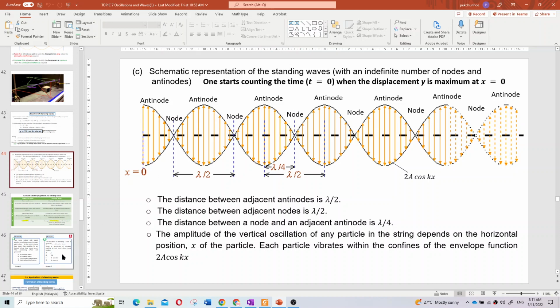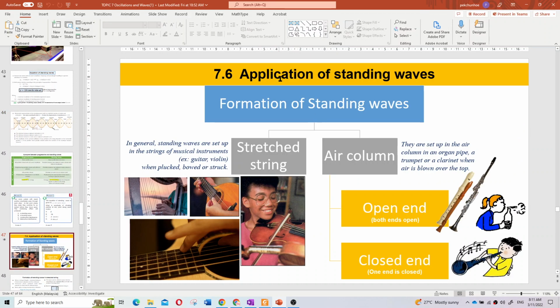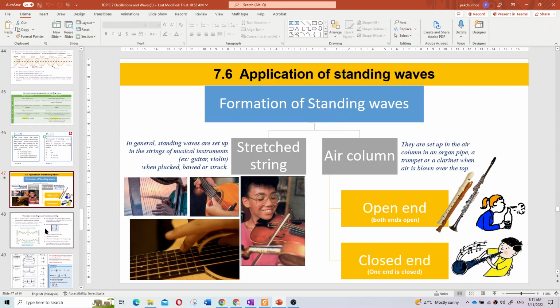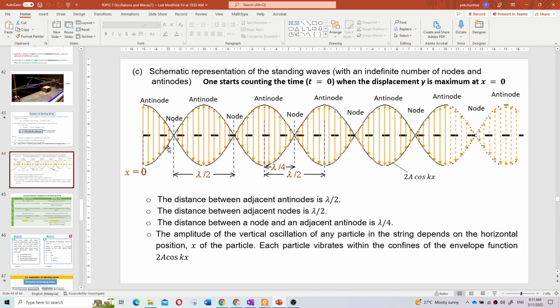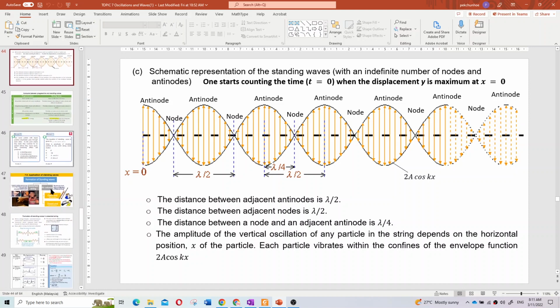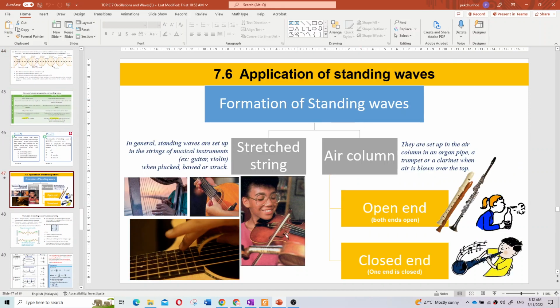So now we want to learn the application of standing wave. The application of standing wave uses the standing wave that we have discussed, with nodes and antinodes. It is actually formed in musical instruments like guitar, violin, organ pipe, trumpet, clarinet, flute.